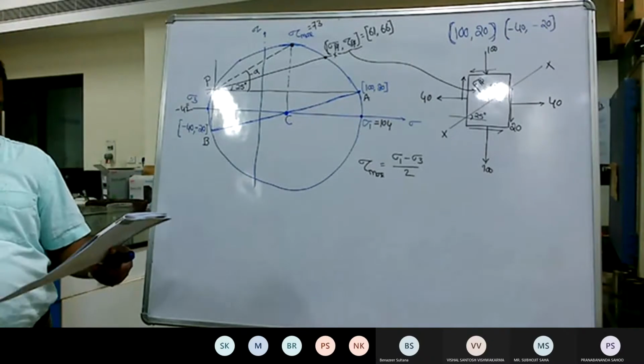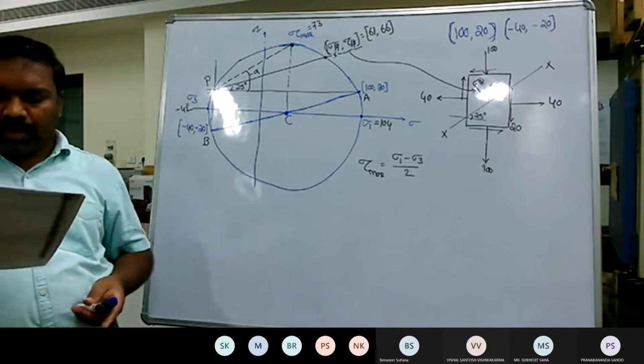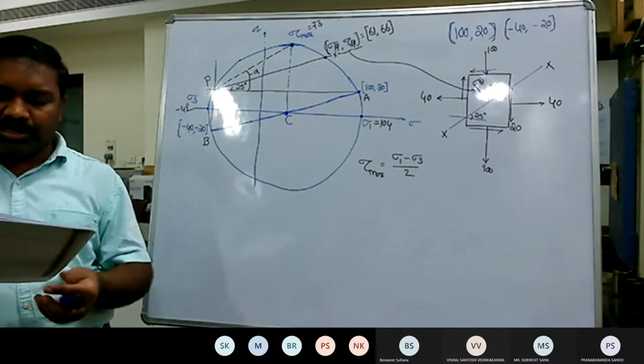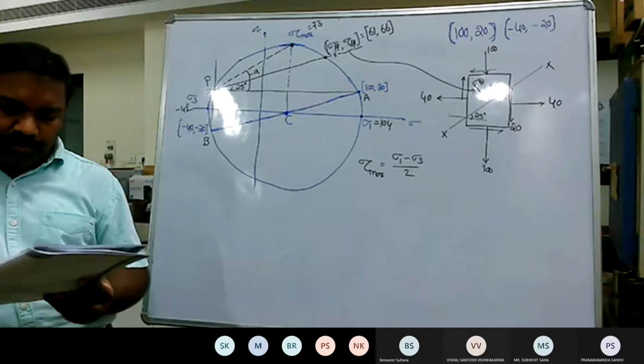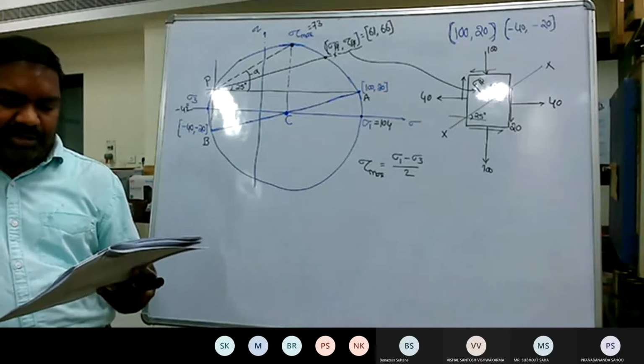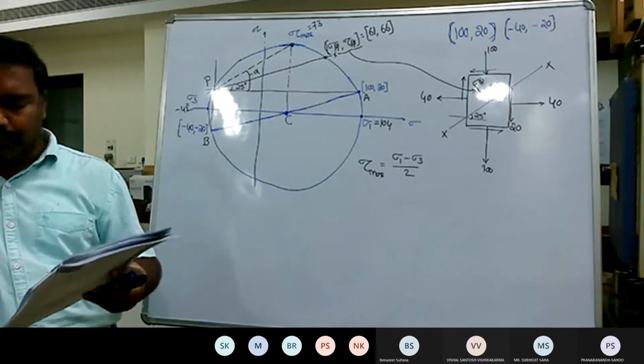Okay, then go to the next sum. Given the stresses on an element as shown below, find the stresses on plane XX.